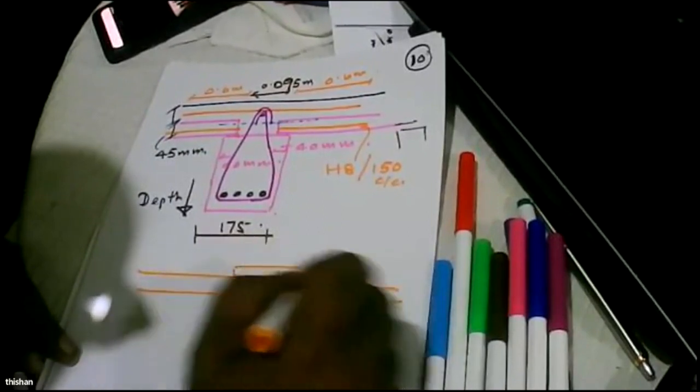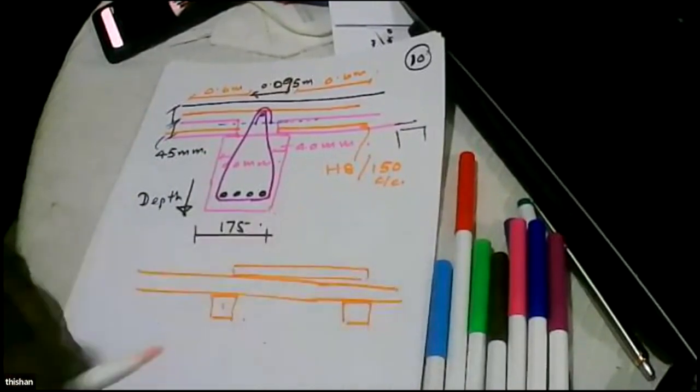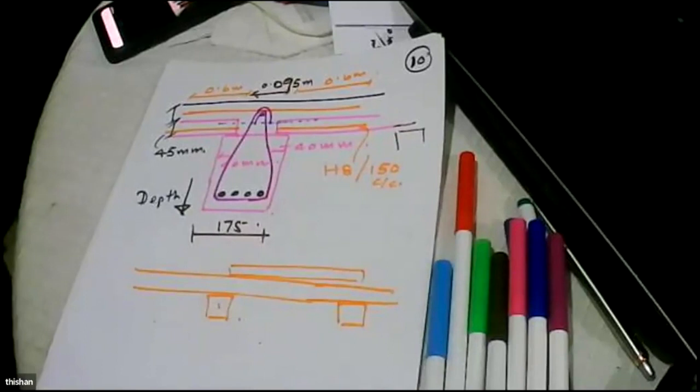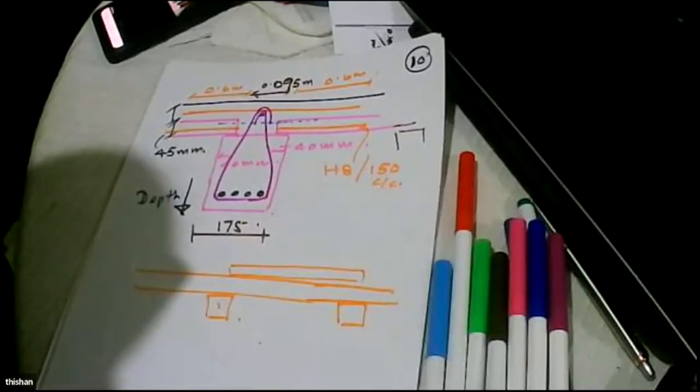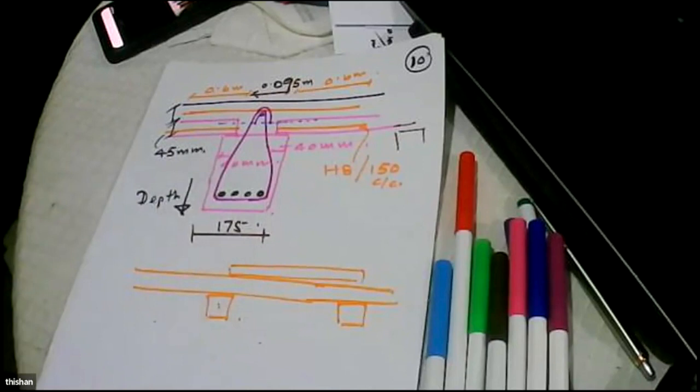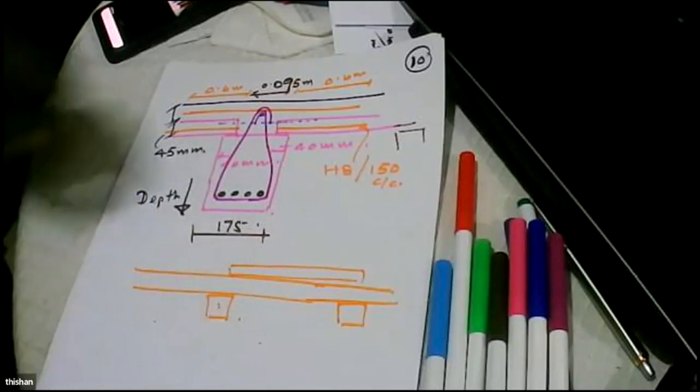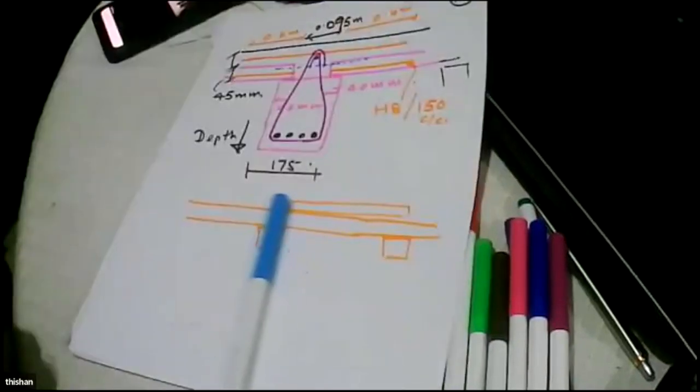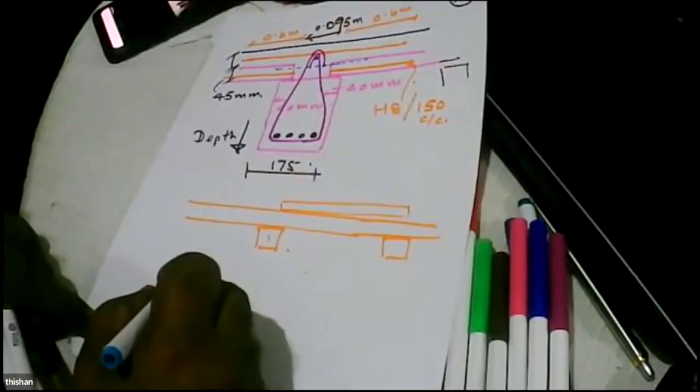We can have a small concrete lintel and do the partition. Then the load will be transferred not onto the slab, but onto the beam.